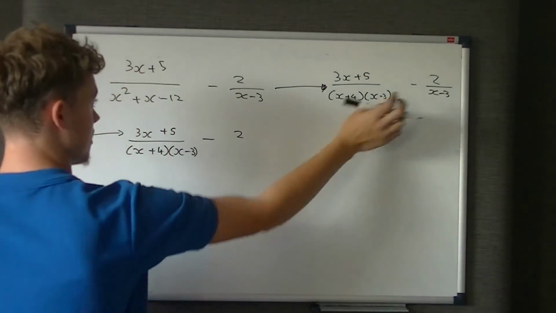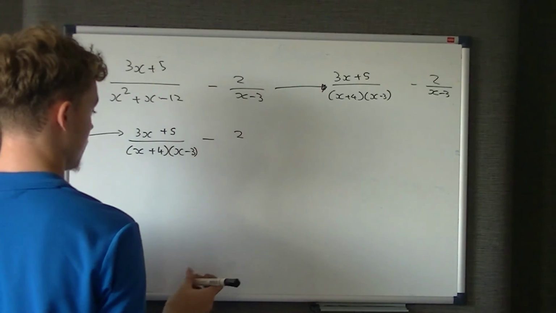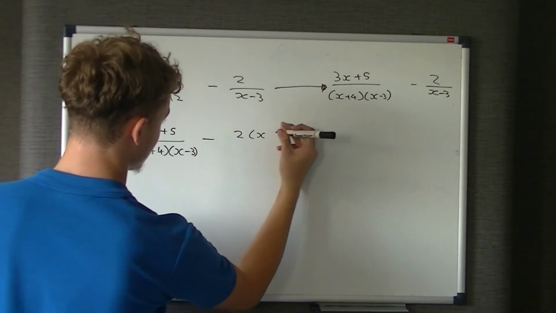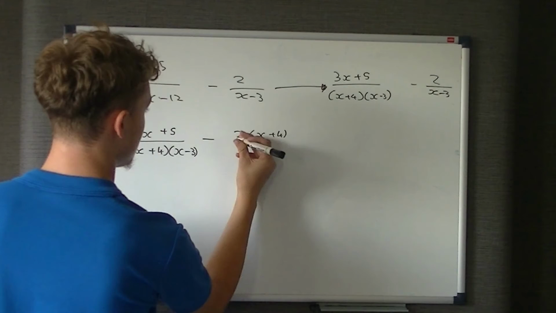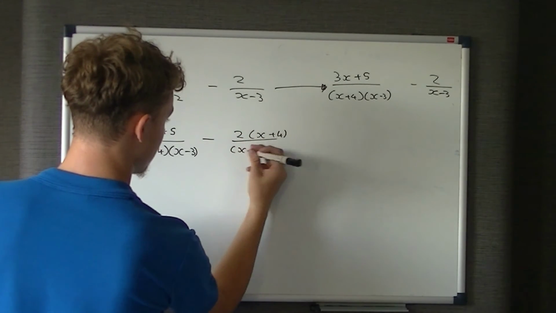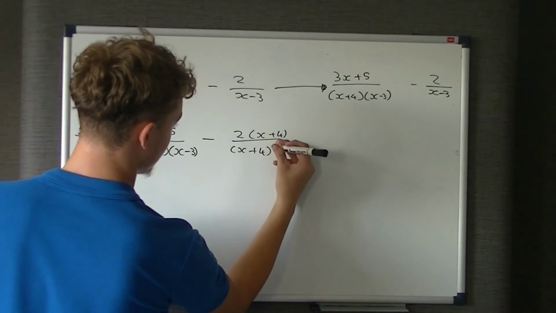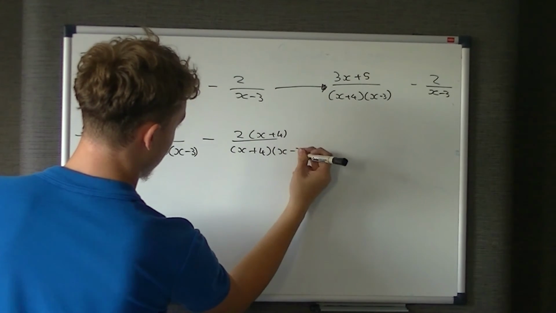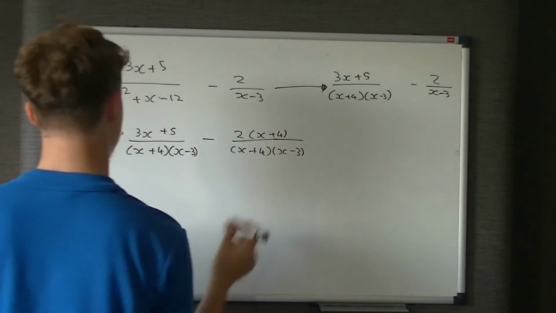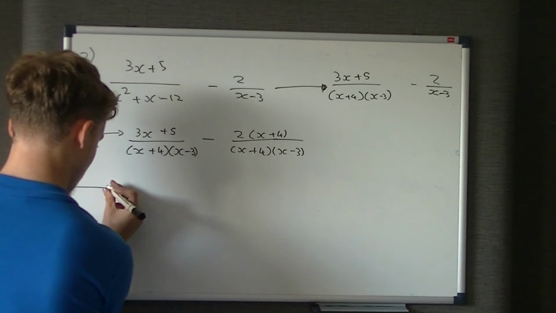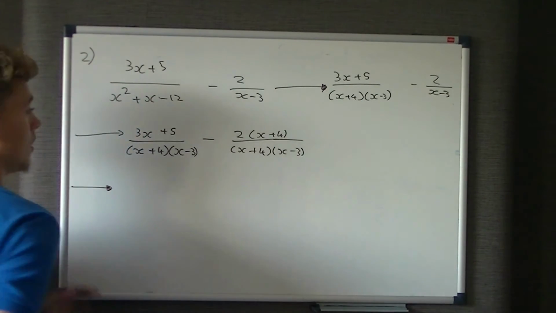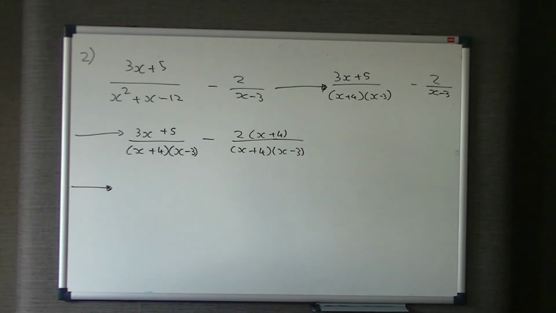Now we're going to times top and bottom of the right hand side of the fraction by x plus 4. And I'm not going to expand it just yet. So then we get the same denominator, and you can skip a few steps if you want to, if you're feeling brave, but I wouldn't advise it, probably because I'm a bit thick. Okay, so that's what we've got so far.